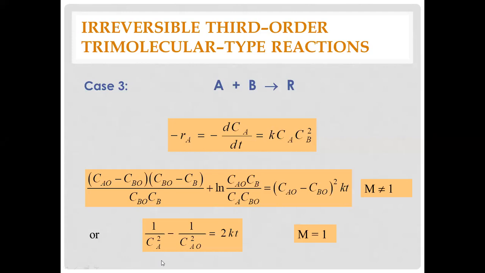Duha man lang to siya, just like in second order, duha lang man ang pwede nga case na matabo. It's either that they are equal or they are really different from each other. So in the case wherein your formula tells you that m should not be equal to 1, then that formula only works when the initial concentrations of the two species are not equal. Because if it's equal, then it cannot be used anymore.